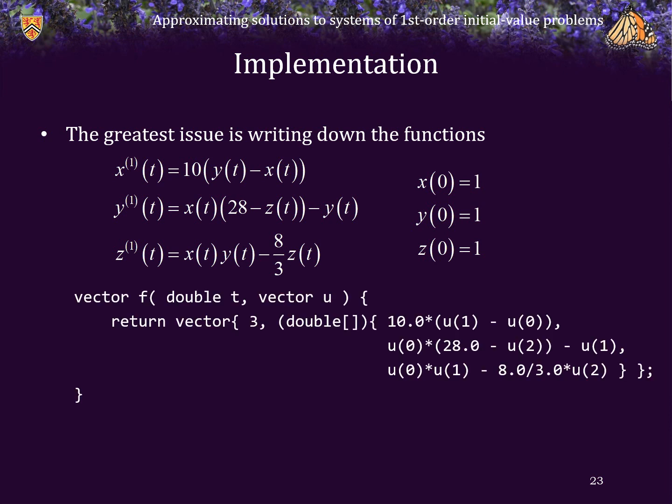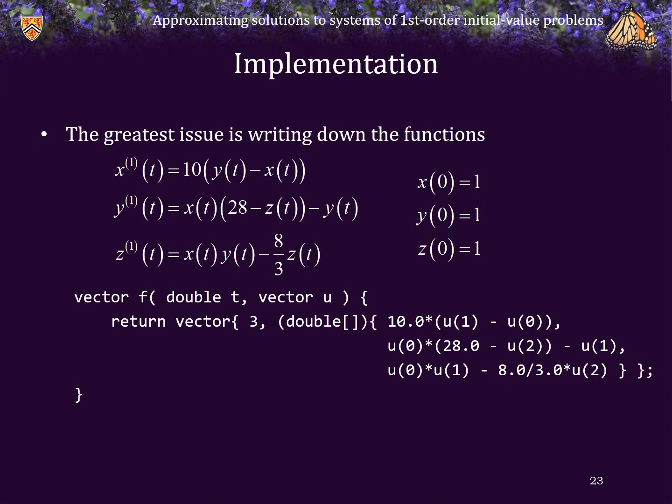now the right-hand side of the differential equation is this vector that takes a double t as a first value and a position vector as a second value. It's going to return a three-dimensional vector. What we will do is anywhere where we see x of t, we will replace that with u at 0. y of t is replaced with u at 1, and z of t is replaced with u at 2.